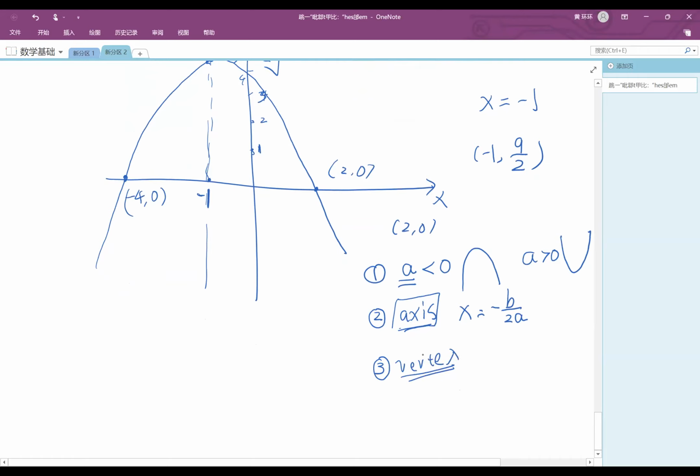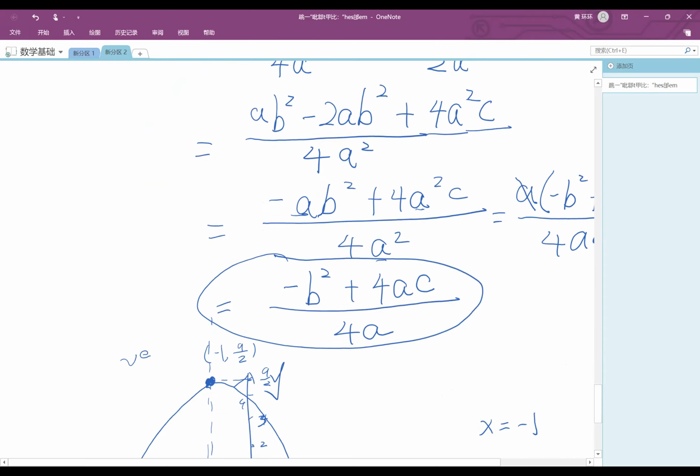The vertex for this parabola means x must be equal to the axis, which is minus b over 2a, and the y coordinate is found by letting x equal this in the parabola's equation, and we can get the y coordinate is equal to minus b squared plus 4ac over 4a.